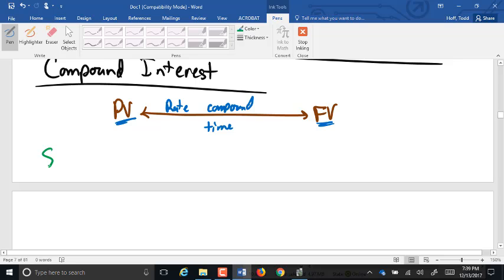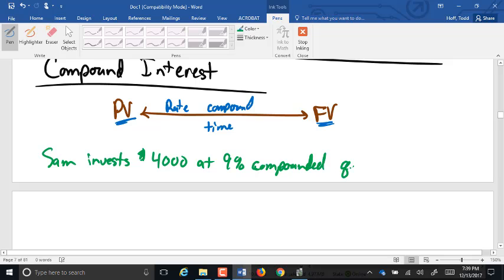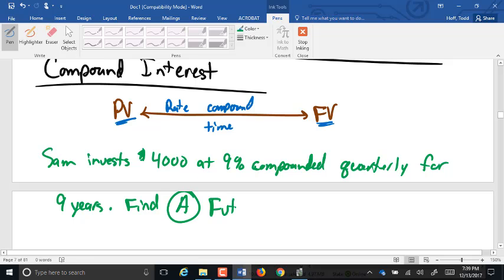So let's say that Sam invests $4,000 at 9% compounded quarterly for 9 years. Find A, future value or maturity value, and B, the effective rate.